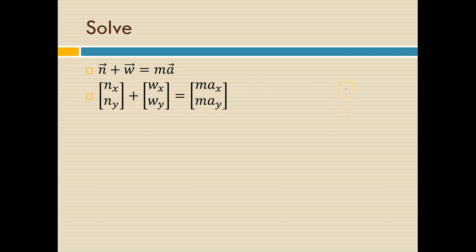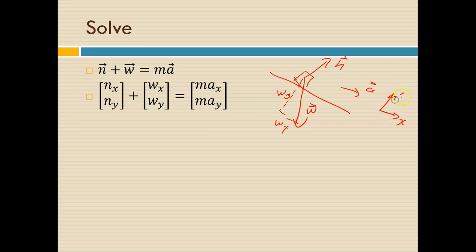Just a little reminder here, and I'm going to do a quick sketch. There's the cart. Here's my normal force pushing this way. Here's my weight pulling down this way. So here's Wx and Wy. There's the acceleration a.